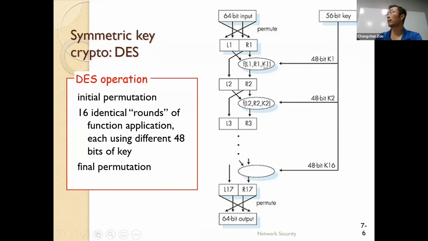This design makes sure that we can use the same digital logic circuit and repeatedly run it for 16 rounds. So digital circuit design is much simplified. We just design this basic operation.